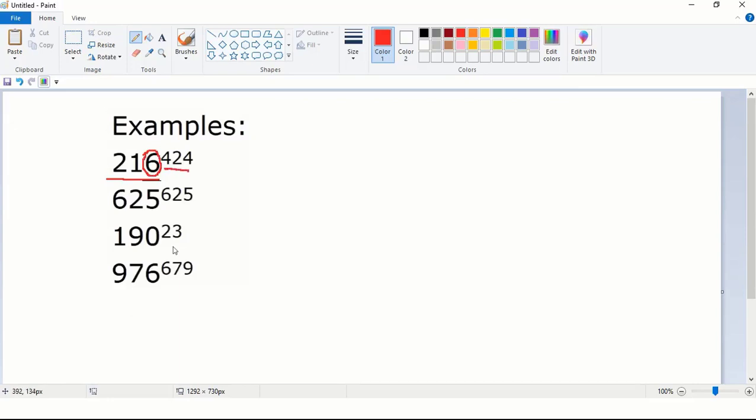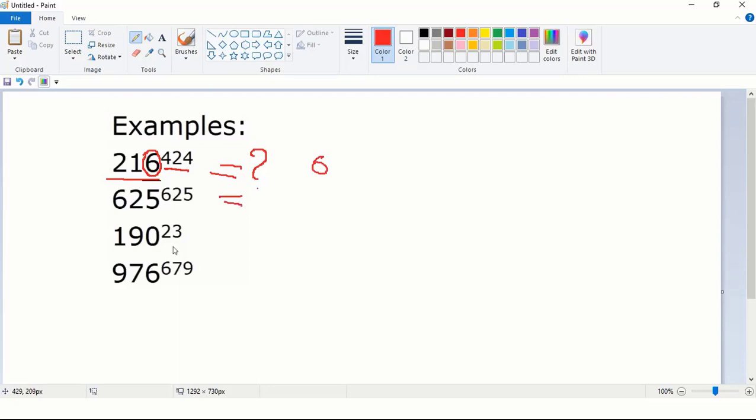Then what will be the last digit of the answer? Just now we have learned if the last digit of the base is 6, then whatever the power, the last digit of the answer will be itself, that is 6.